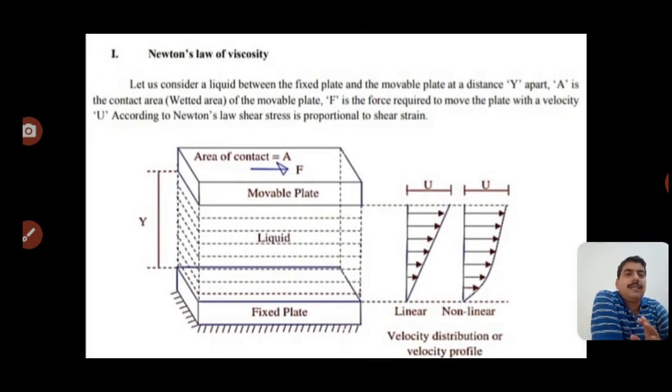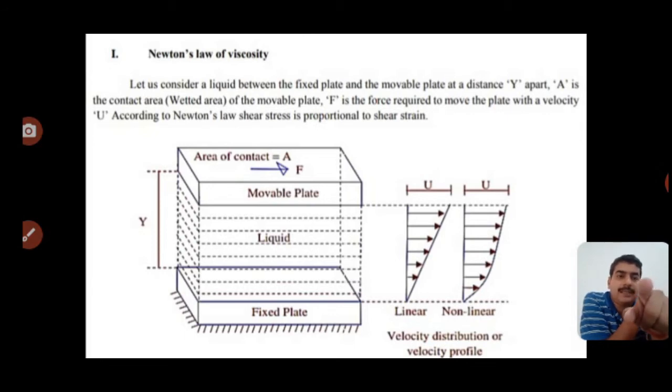That is Newton's law of viscosity. Let us consider a liquid between a fixed plate and a movable plate at a distance y apart. Therefore, we see in the diagram the fixed plate, and the different imaginary lines we drew in that figure.